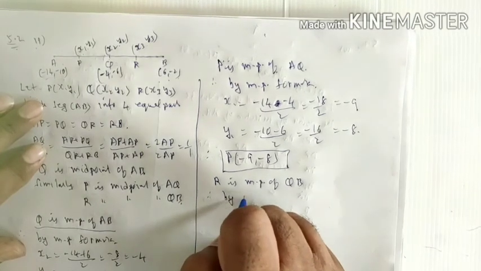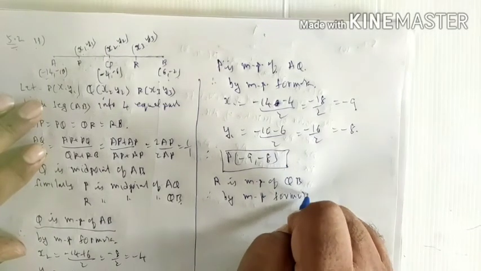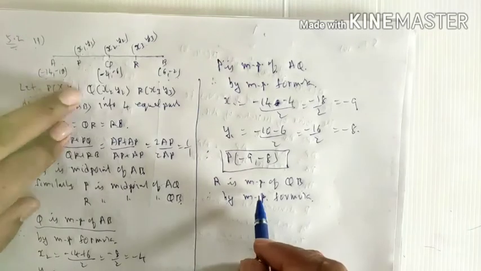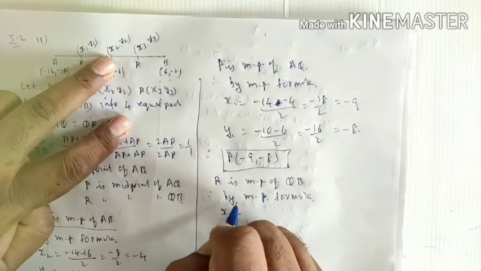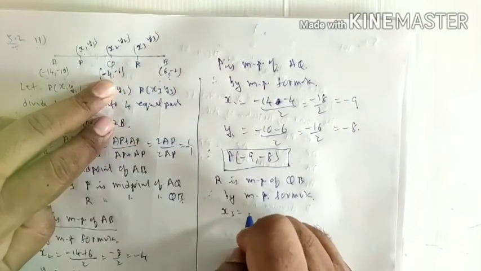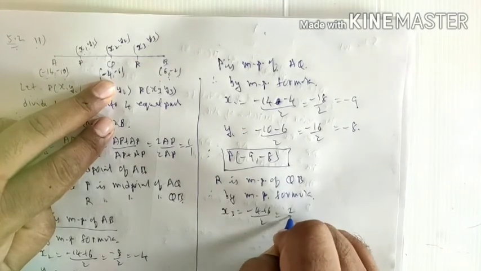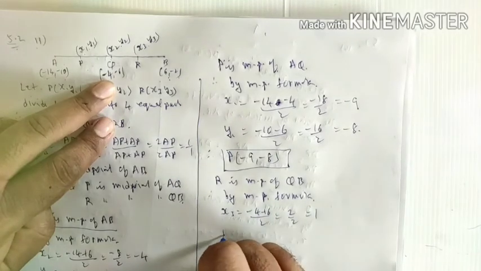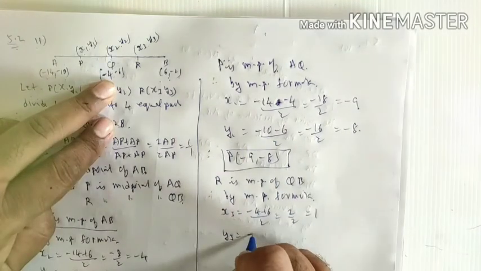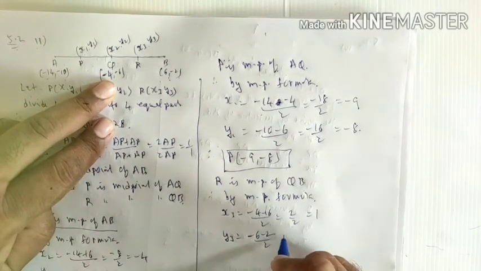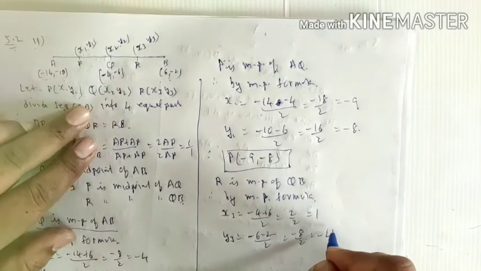Therefore, by midpoint formula, x3 is equal to minus 4 plus 6 upon 2. 6 minus 4 कितना होता है? 2 upon 2, that is equal to 1, and y3 is equal to minus 6 minus 2 upon 2, minus 8 upon 2, minus 4.